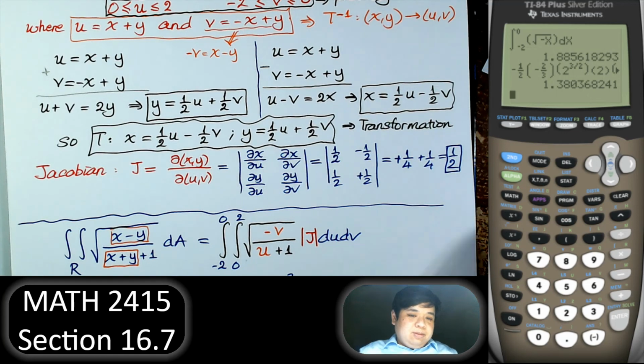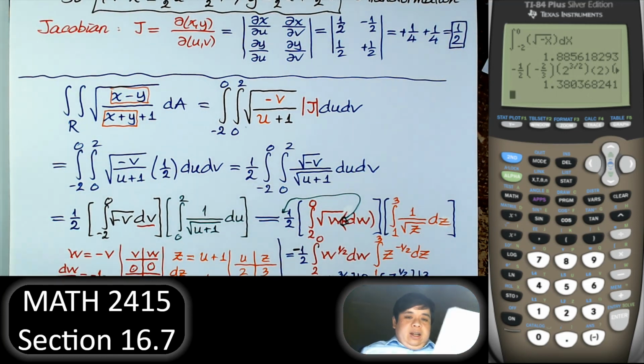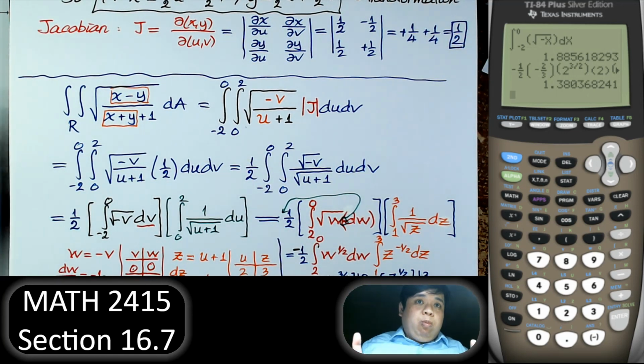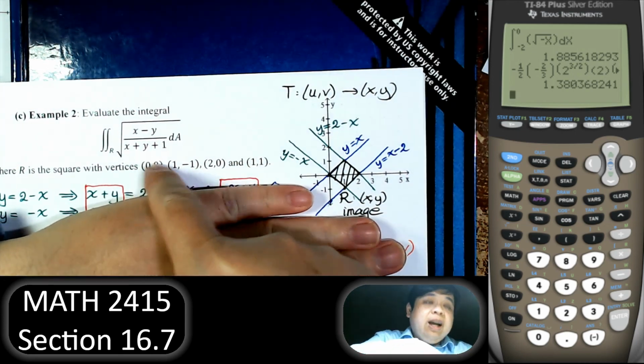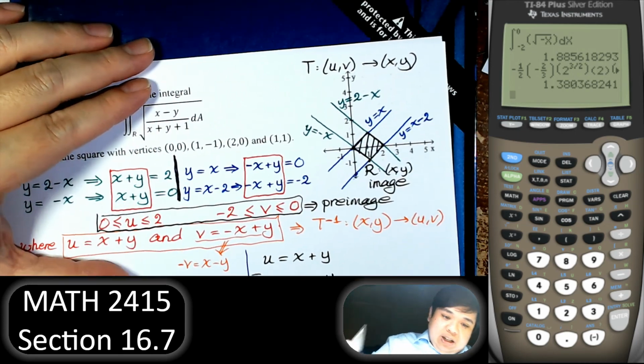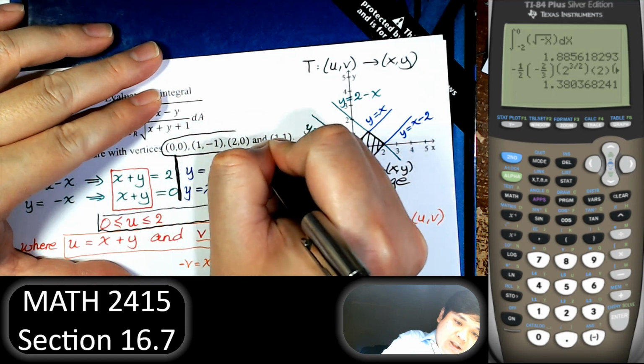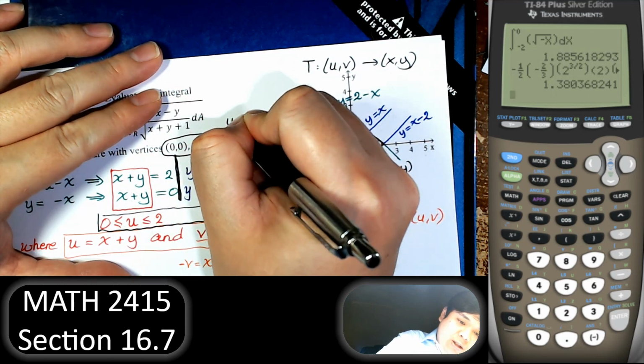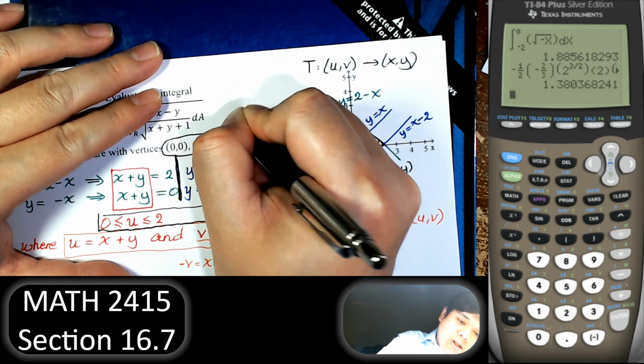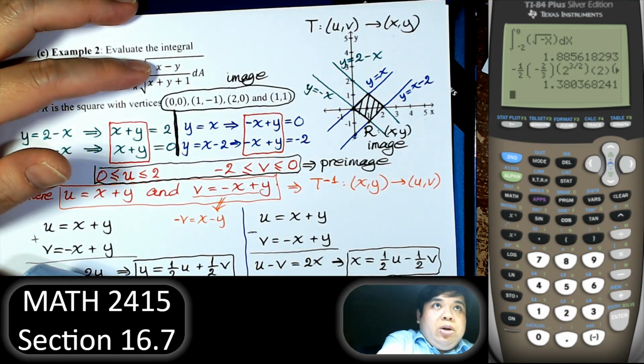Right. So on this problem, they only give us directly the pre-image. I'm sorry, we are only given the image. That's all we are given here. We only know the image.